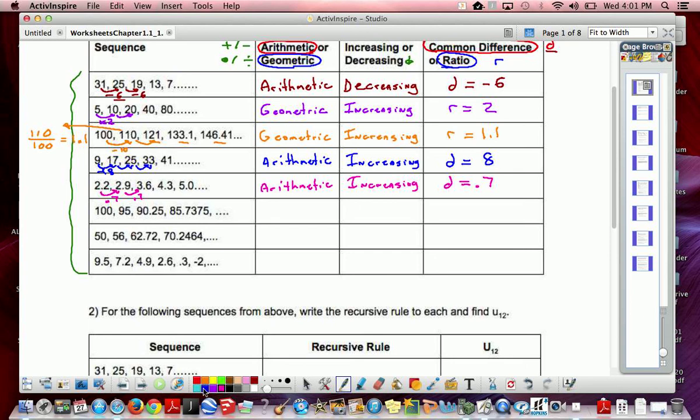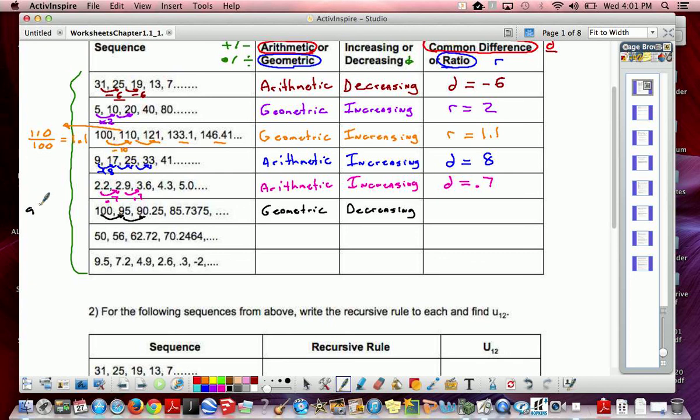Speaking of decimals, when we do this next one here, 100 to 95. Well, I'd be subtracting 5, but when I subtract 5 again, I don't get 90.25. I'd actually have 90. So it can't be arithmetic. This one's geometric. This one, however, is decreasing. My values are going down.